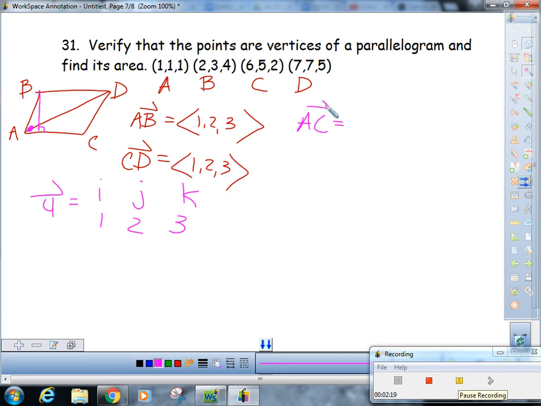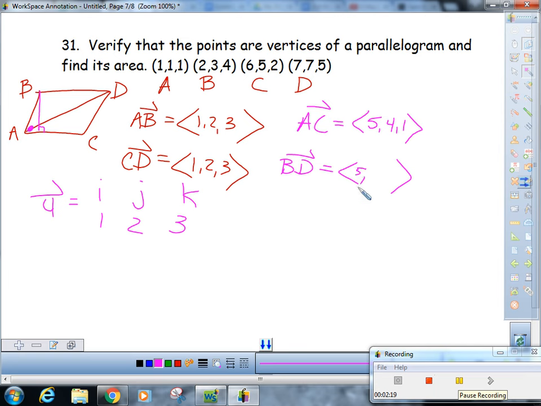Okay, so AC should be 5, 4, 1 from A to C. Now, just to make sure I did that right, I'm going to check what BD is. To make sure, yeah, they should be exactly the same because it's a parallelogram. Otherwise, one of those might be a diagonal.